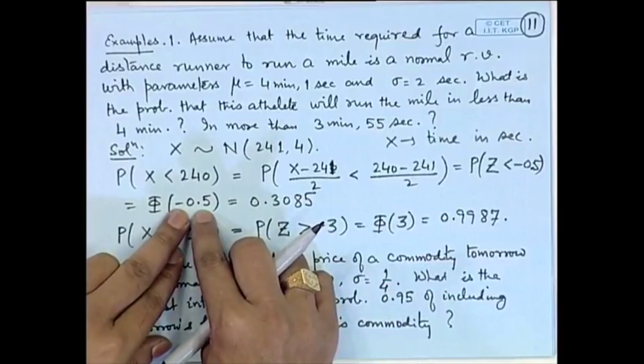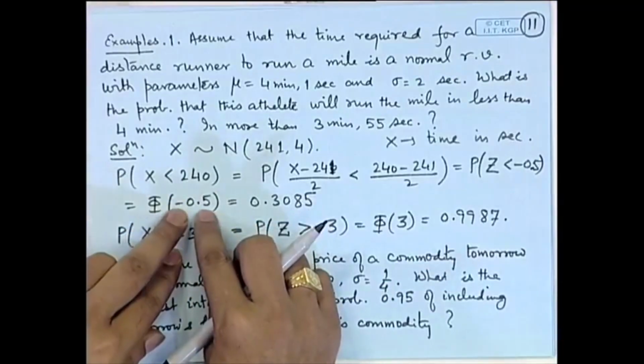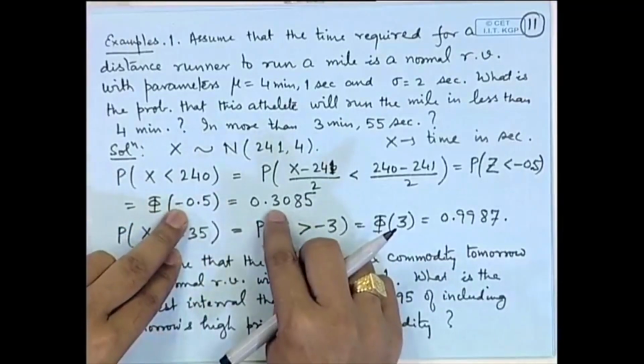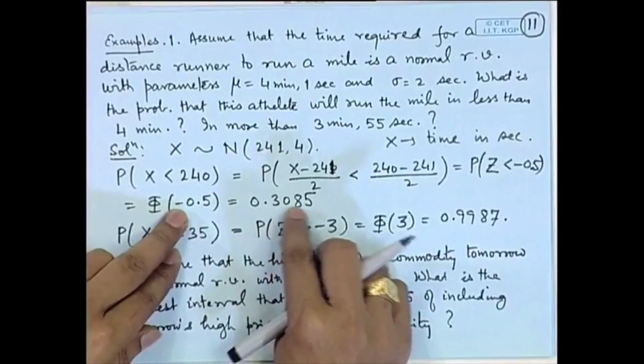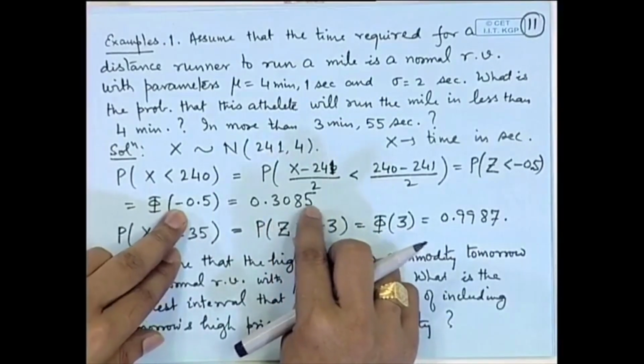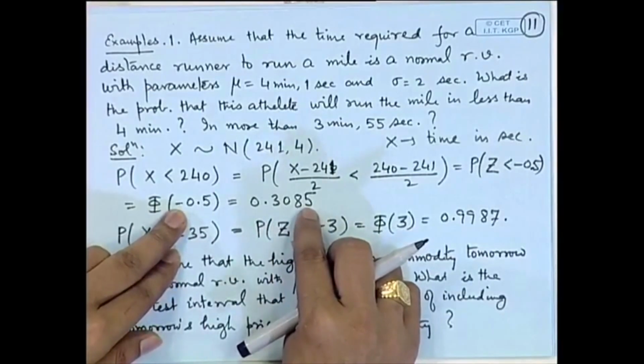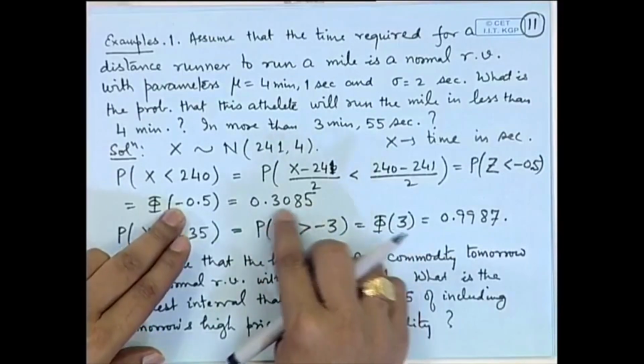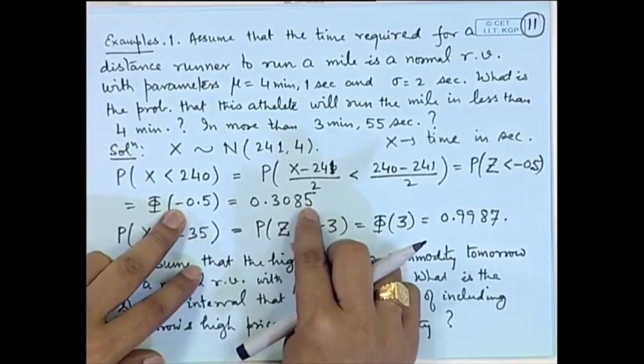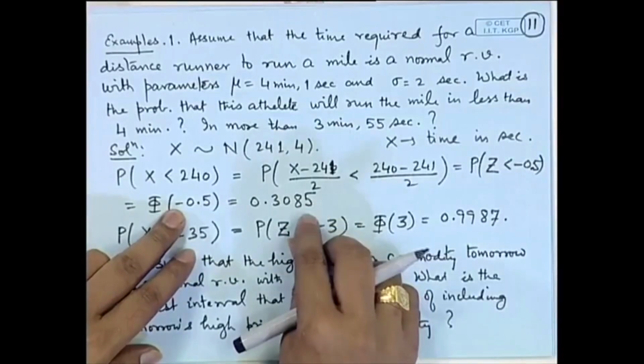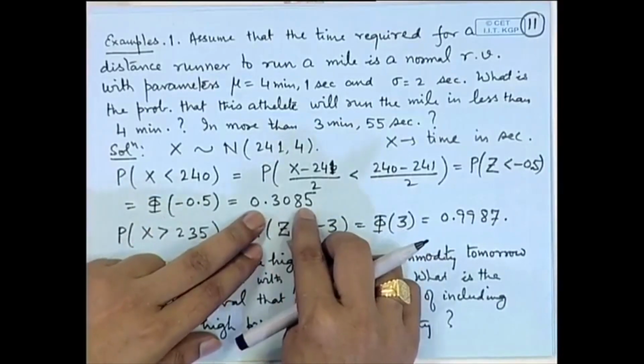So, this value we will see from the tables of the standard normal CDF, and this value turns out to be 0.3085. Most of the tables are given up to 4 or 5 decimal points, and we can also use a numerical integration rule such as Simpson's 1/3 rule etcetera to evaluate this.